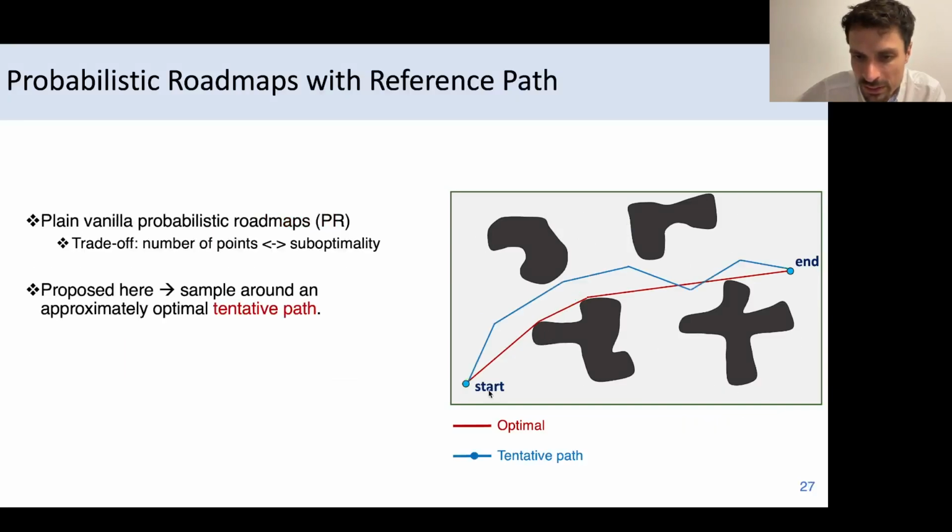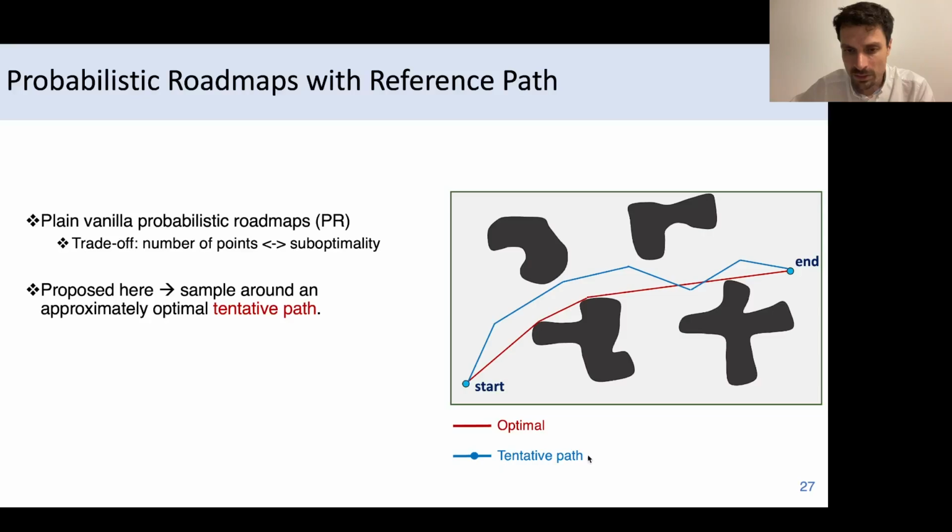To do that, the idea is to first use a heuristic algorithm to plan an initial or tentative path from the starting point to the end point.